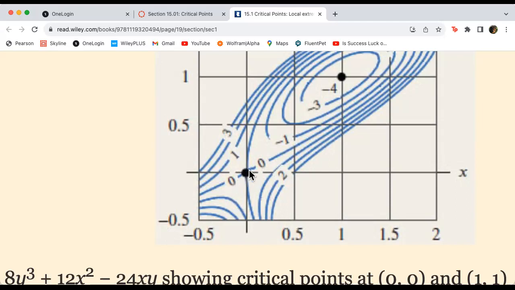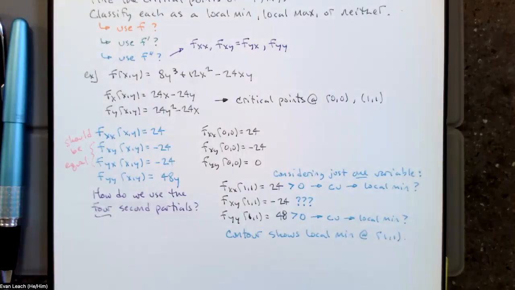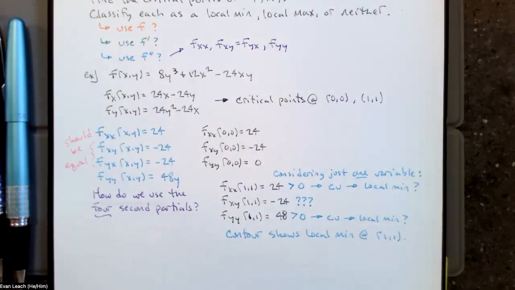The contour map is suggesting that we're in a valley in one direction, but on a hill in another direction. The reason that we're doing this, once again, is that if we look at our second derivatives at 0, 0, we had a second derivative of 0, which means that the second derivative test isn't going to work.